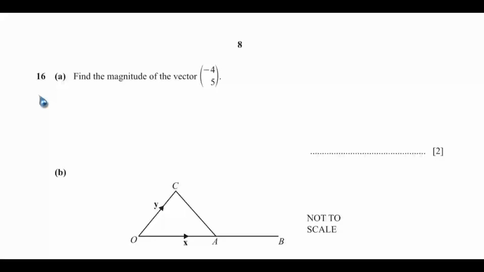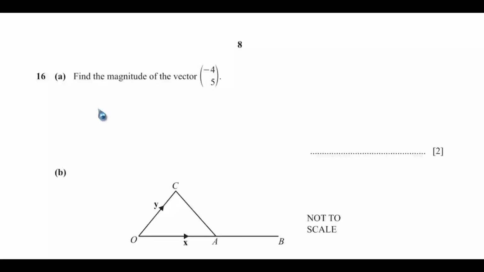058021 May-June 2023. Find the magnitude of the vector (-4, 5), that is x equals -4, y equals 5. As you already know, the magnitude will be the square root of x squared add y squared.